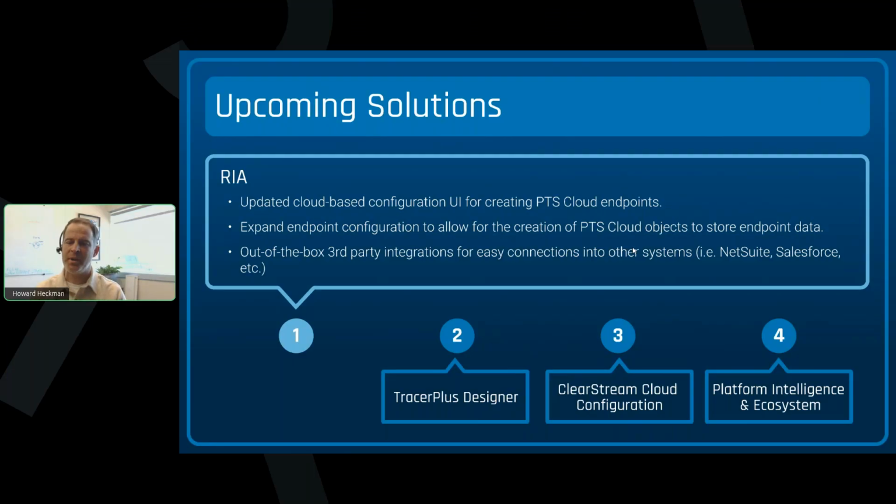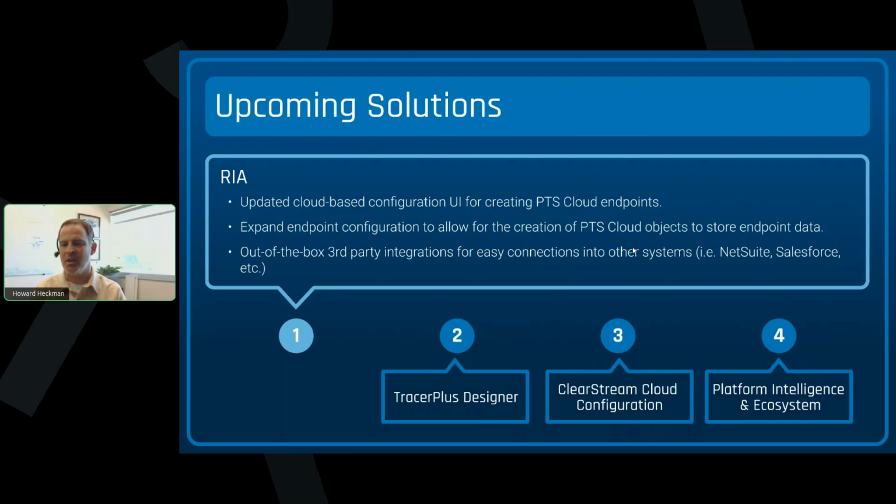The third bullet point here is out-of-the-box third-party integrations with RIA. Right now we can spin up these endpoints, but we want to make it easier for people to get them into those third-party systems. Common ones that we've seen so far, like NetSuite and Salesforce, or any type of ERP system, will going forward be configurable options so that as you spin up the PTS cloud, you can easily select where you'd like the data to marry up to outside of the service.